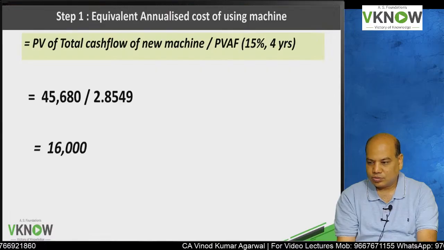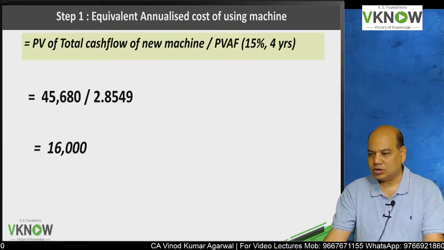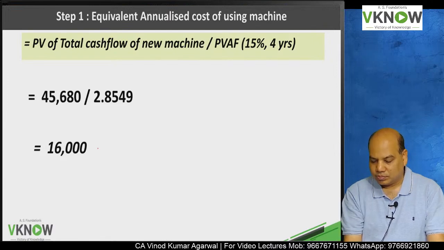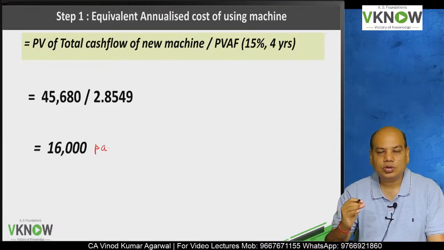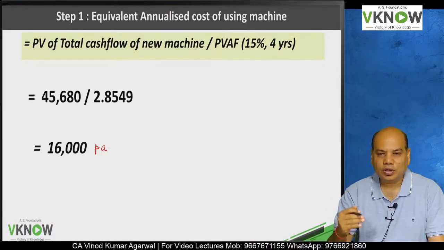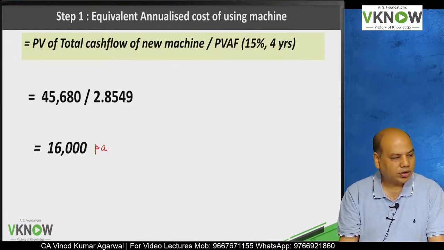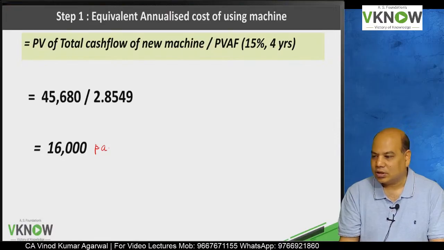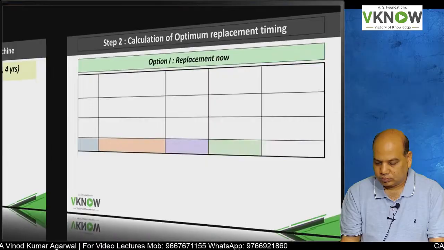So the answer comes to 16,000. 16,000 means if you purchase the new asset, it is equivalent to spending or incurring 16,000 rupees per annum. Okay.